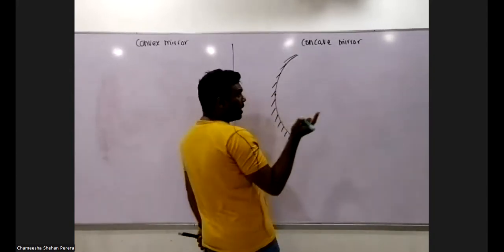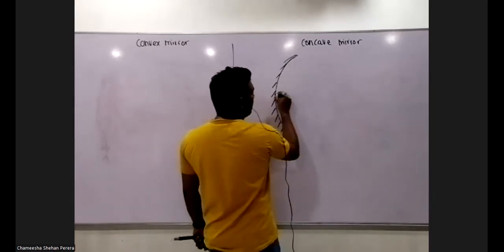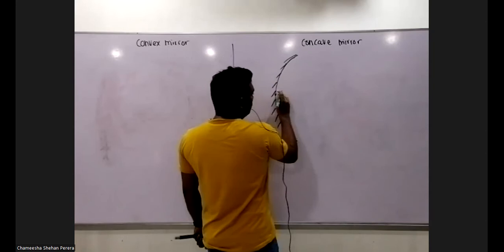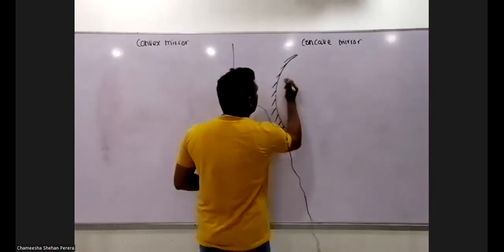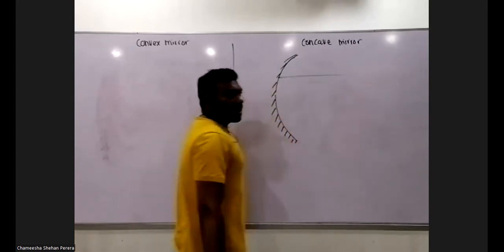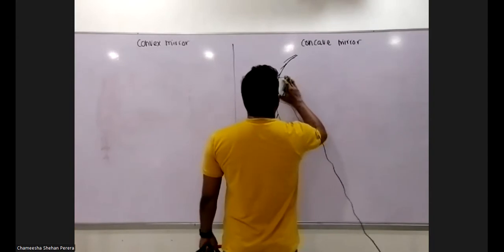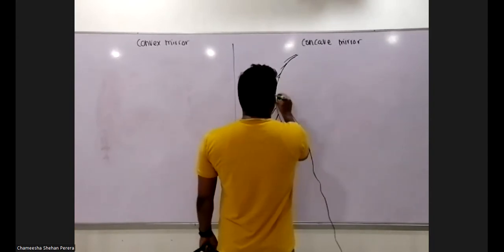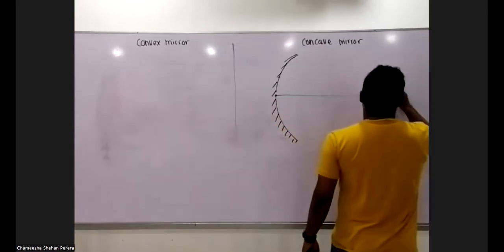If you can remember, this middle point, the center point of the curvedness of the concave mirror, is called the pole. So it has to be in the middle, right? Pole එක මෙතනින් mark කරලා principal axis එක මෙහෙම mark කරන්න එපා. That's wrong. It has to be at the very middle, right? Okay, so this is the principal axis. I would mark it over here. Principal axis.